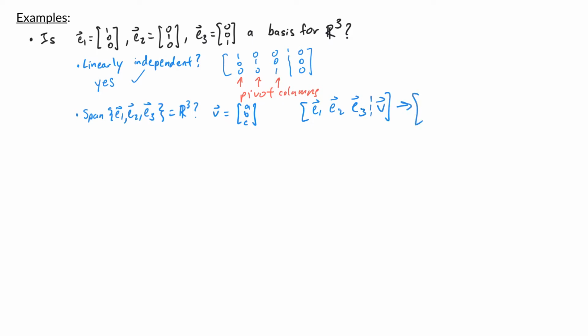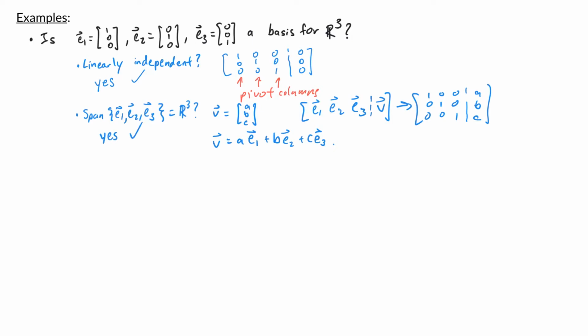But in this case, that's just the identity matrix augmented with a, b, c. So we see that our solution is v equals a times e1 plus b times e2 plus c times e3. And this tells me that any vector in R3 can be written as a linear combination of e1, e2, and e3. That's why the span of e1, e2, and e3 is equal to R3.